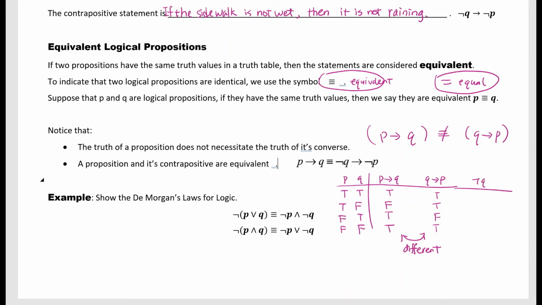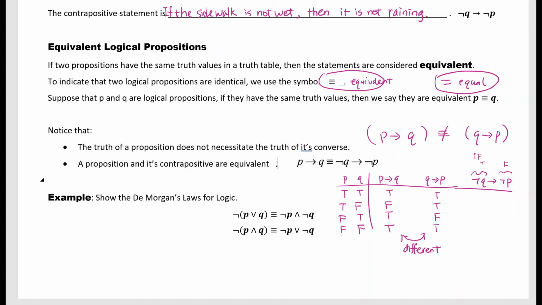So not Q implies not P. This is an implication. The implication is false only if the first part is true and the second part is false. If not Q is true, that means Q is false.